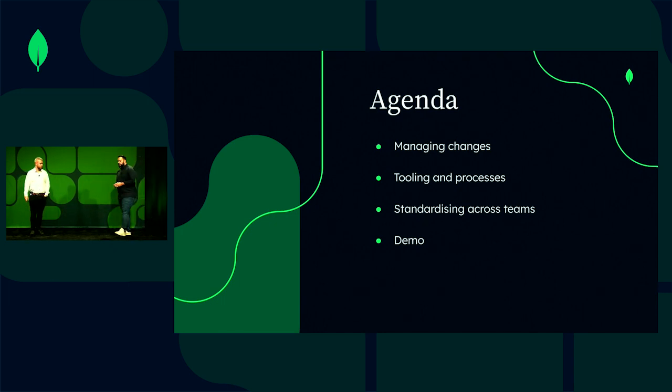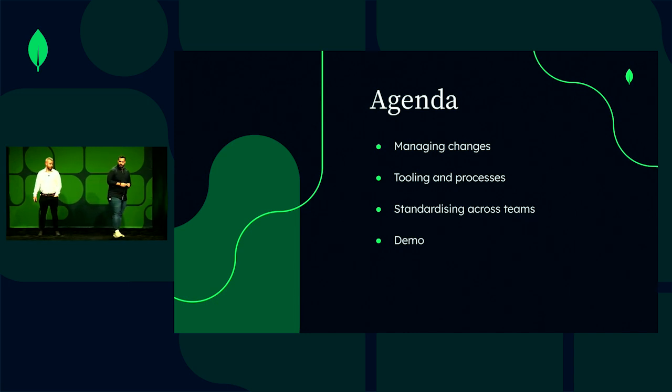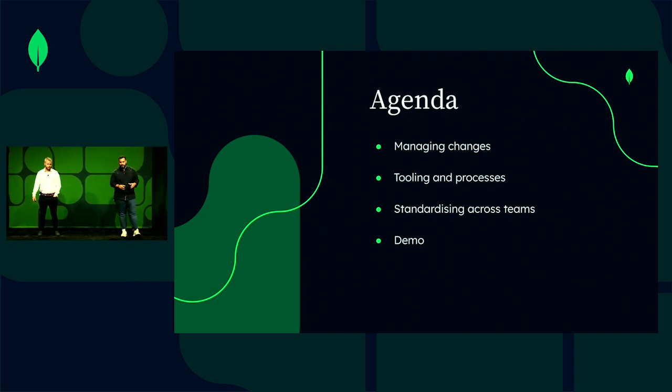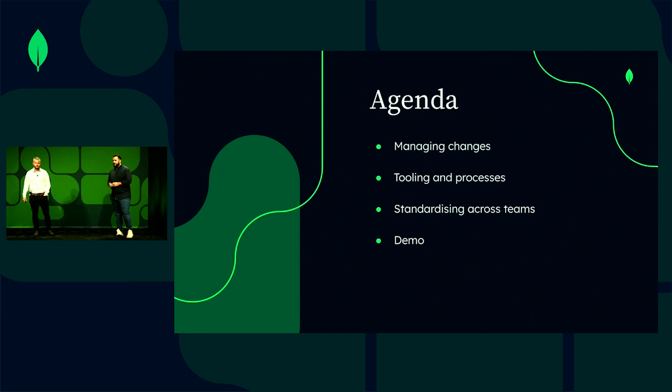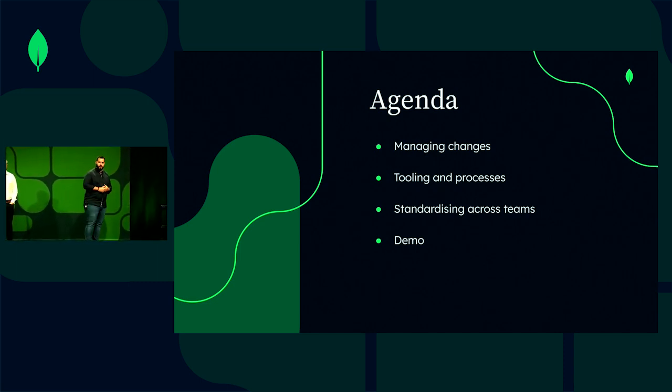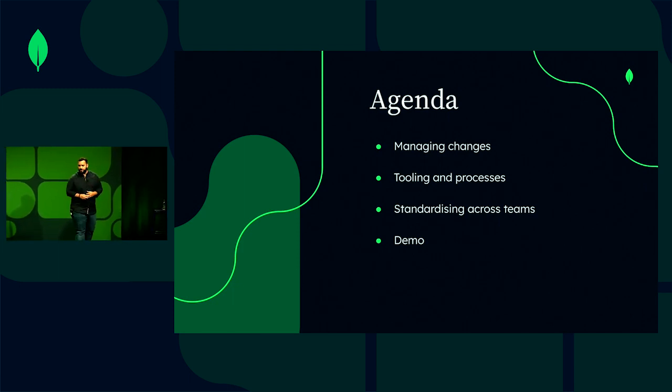So in this talk, we're going to build upon the story. We're going to talk about the evolution of the team's tooling and processes. We're going to talk about how the team changed their approach to managing changes, addressing their immediate needs to solve this problem. And then we're going to talk about how they began to improve their tooling and processes across their own services and systems, delivering a better developer experience for themselves, improving security and automating some of those processes.